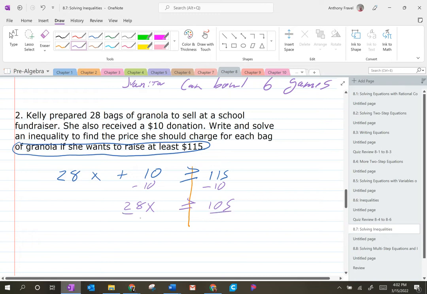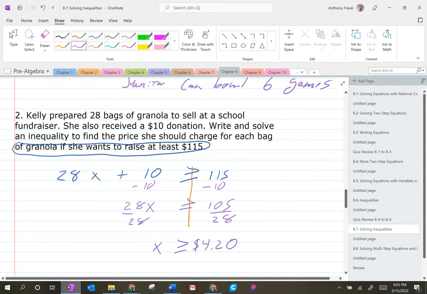I can divide both sides by 28 because that's the opposite of multiplying by 28. I now have 105 divided by 28, and it tells me x is greater than or equal to 4.2, and because it's money, I have to make sure I go over 2 decimal places.